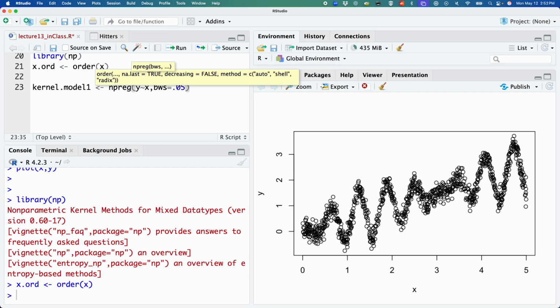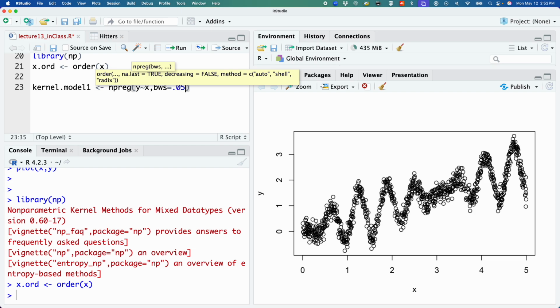No, it doesn't really matter because it's all based off of thinking about things relative to the bandwidth anyways. The error does become larger in places with sparse data points.